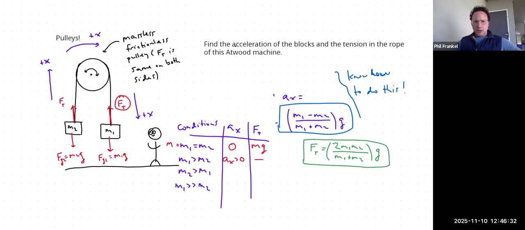But if the mass on the right, m1, is bigger than the mass on the left, m2, the acceleration will be in the positive x direction. So either the system rotates clockwise, faster and faster, or if the system is already rotating counterclockwise, it will slow down because it'll be accelerating in the other orientation.